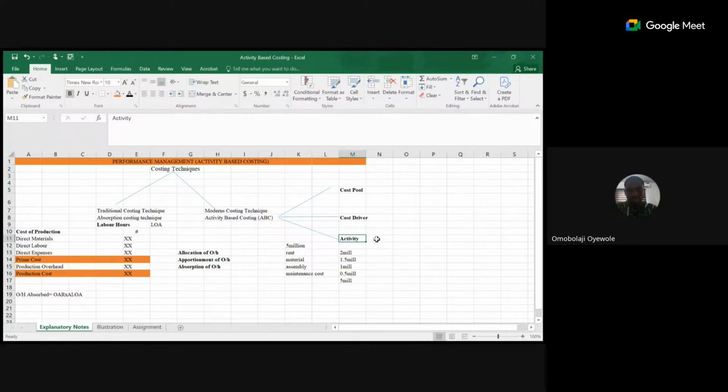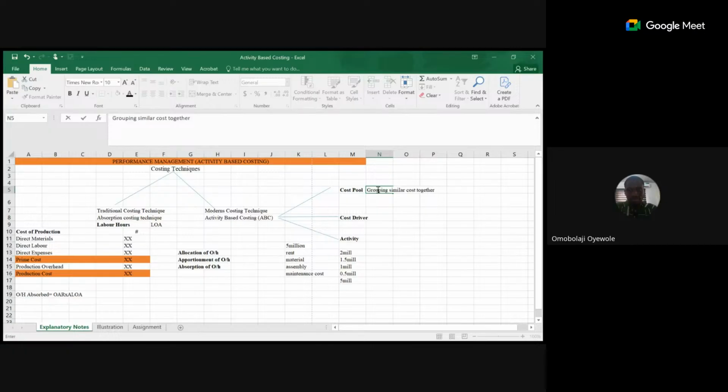Now, what is an activity? Okay, let's start with the cost pool. We said a cost pool has to do with grouping similar costs together. So a cost pool has to do with all the similar costs that we have incurred.